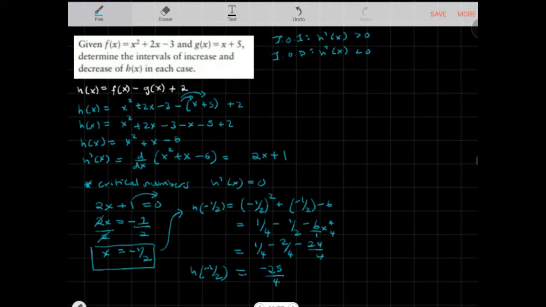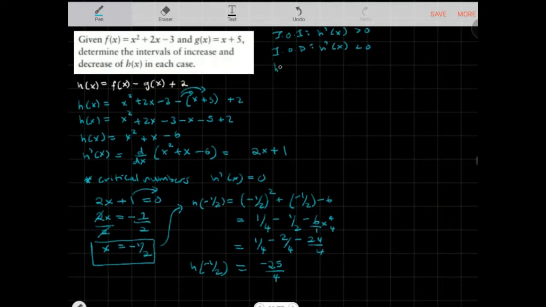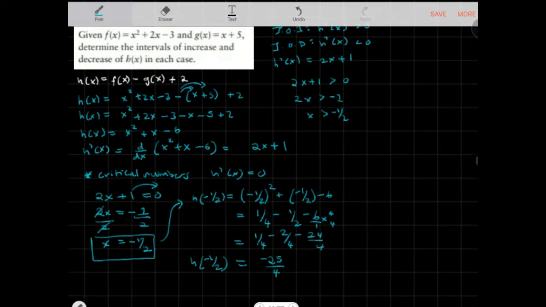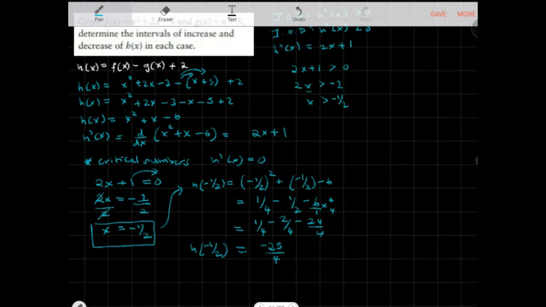We have the derivative function h prime of x, which is equal to 2x plus 1. Setting h prime of x greater than 0, 2x plus 1 is greater than 0, then 2x is greater than negative 1, and x is greater than negative 1/2. You divide 2 on both sides. So this is an interval of increase.